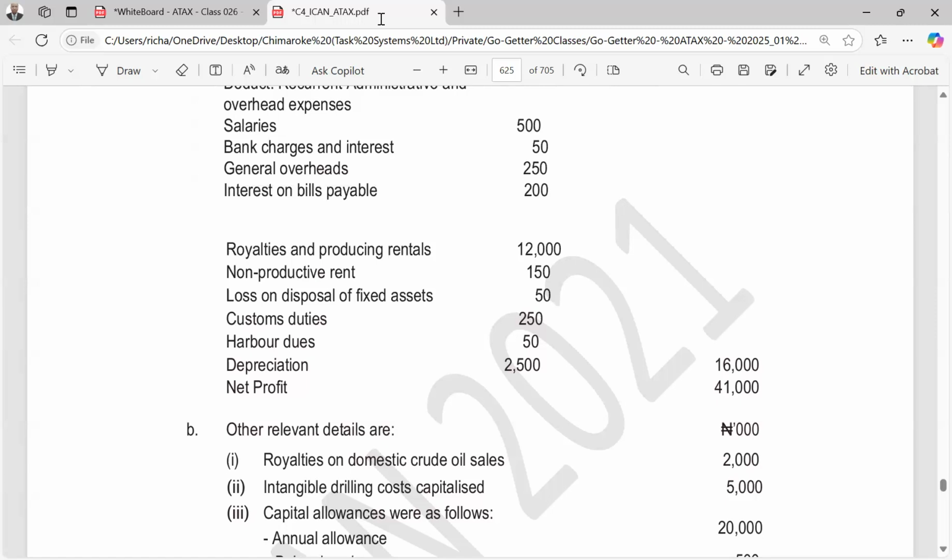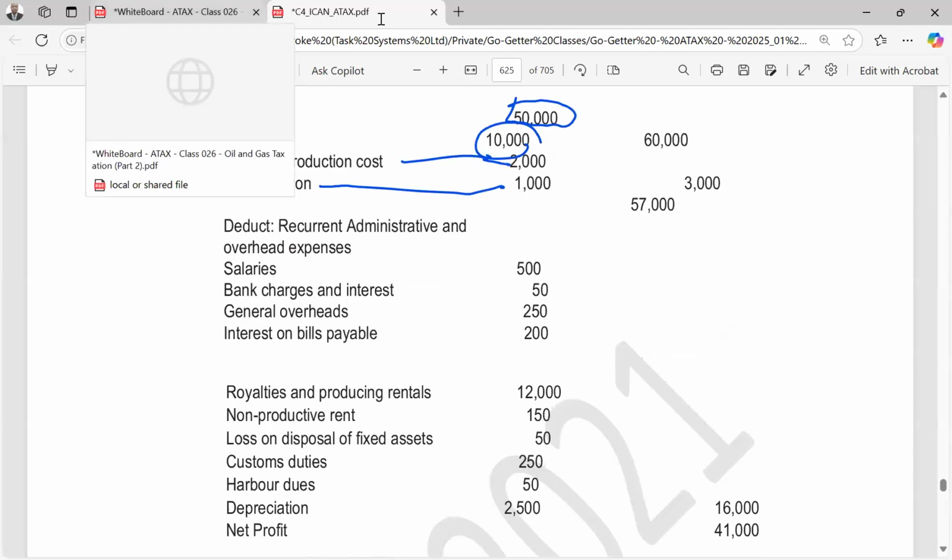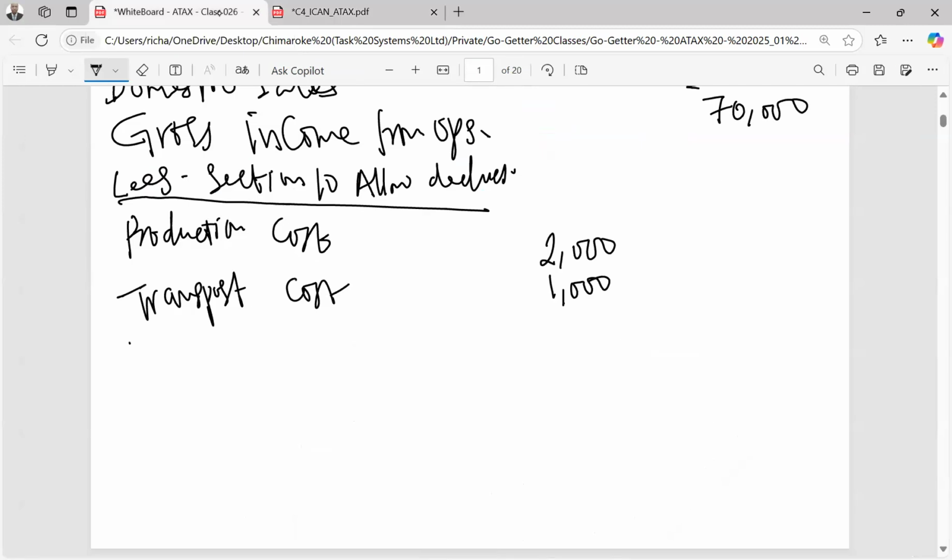So we'll come here, recurrent admin and overhead expenses. That's 500.